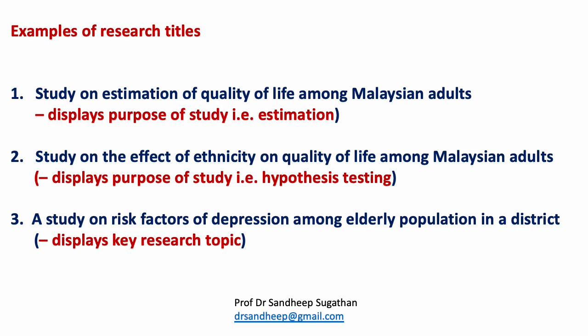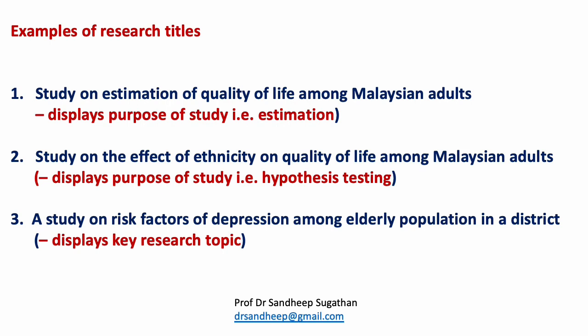First one: study on estimation of quality of life among Malaysian adults. This displays the purpose of the study: estimation of quality of life among Malaysian adults. Second one: study on the effect of ethnicity on quality of life. So there is an association between ethnicity and quality of life.